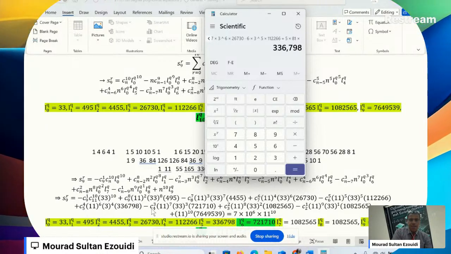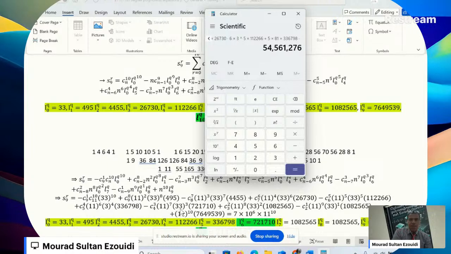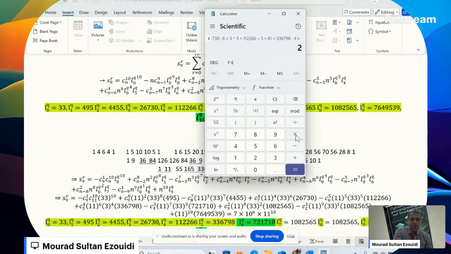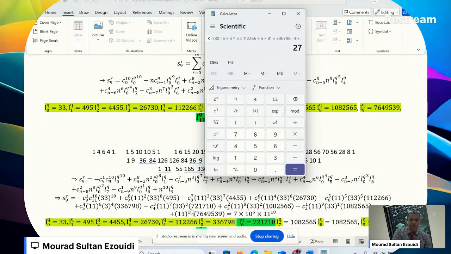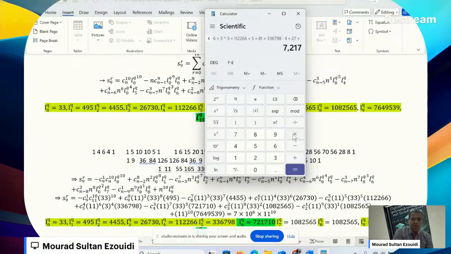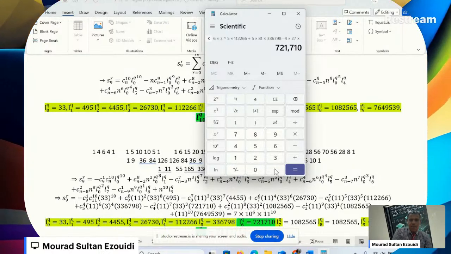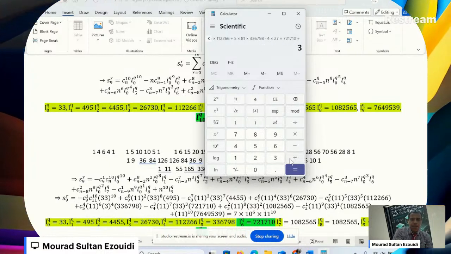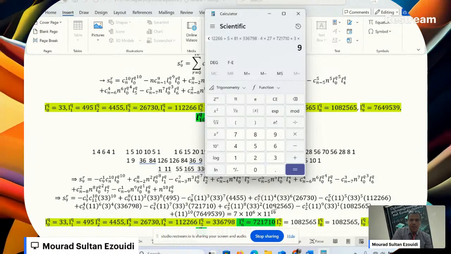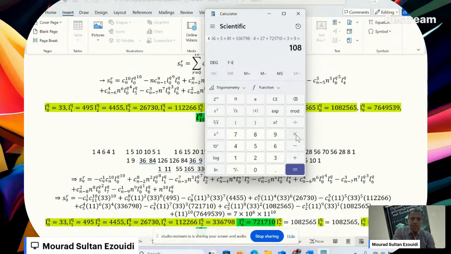Minus 4 multiplied by 3 cubed, which means 27, multiplied by 721,710. Plus 3 times 3 squared, which is 9, times 1 million.